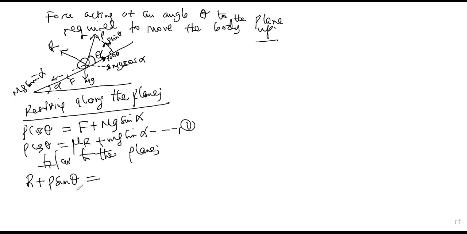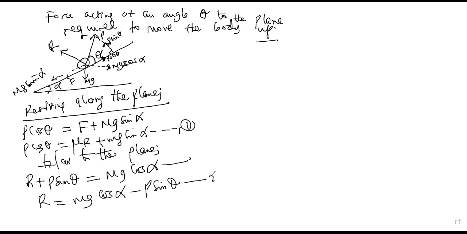So it is R plus P sin theta is equal to mg cos alpha. Here you can get R. Your R will be... so you can substitute 2 into 1, right?